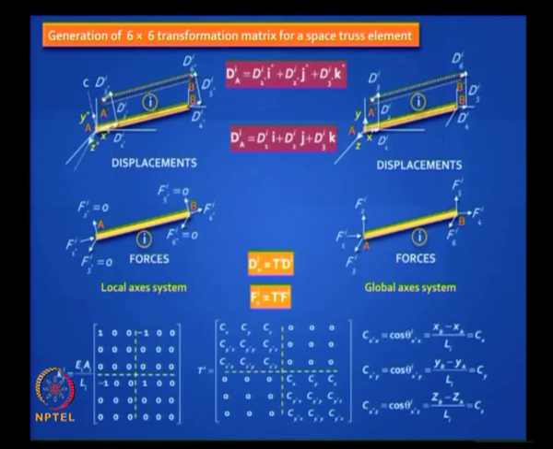The stiffness matrix is very easy to do because you have only EA by L and mostly they are full of zeros, but the transformation matrix will involve many angles: x star with x, x star with y, x star with z, y star with x, y star with y, y star with z, and z star with x, z star with y, z star with z. So it is a little messy, but that is why you need to program this more carefully when you do it.